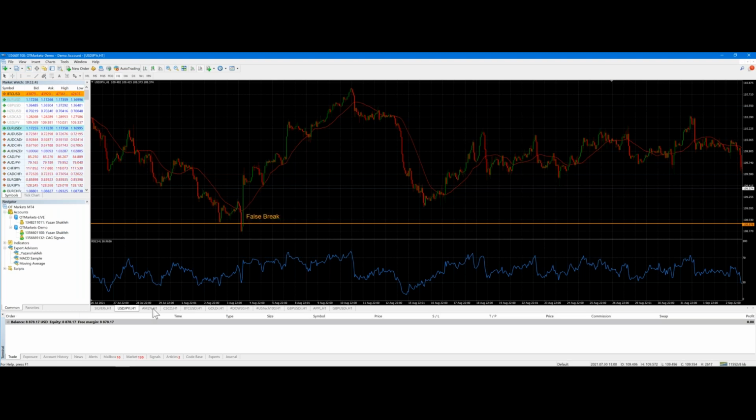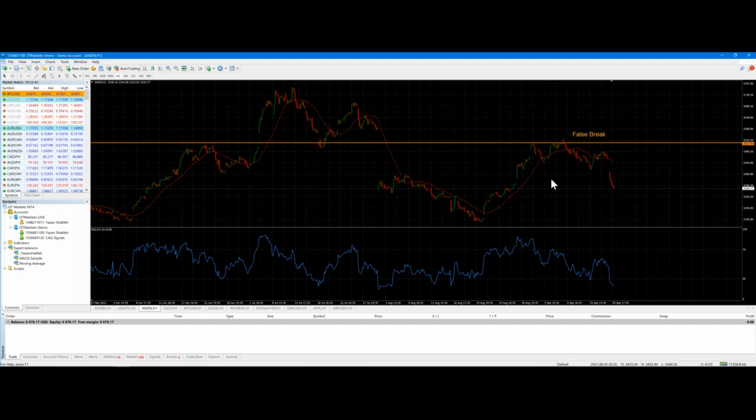And also for Amazon lately, on 9th September, there was a false break. You can see it here, the market broke it, but then confirmed going down. So the targets were the nearest highs and lows, which is this one, and this one, and this one also.